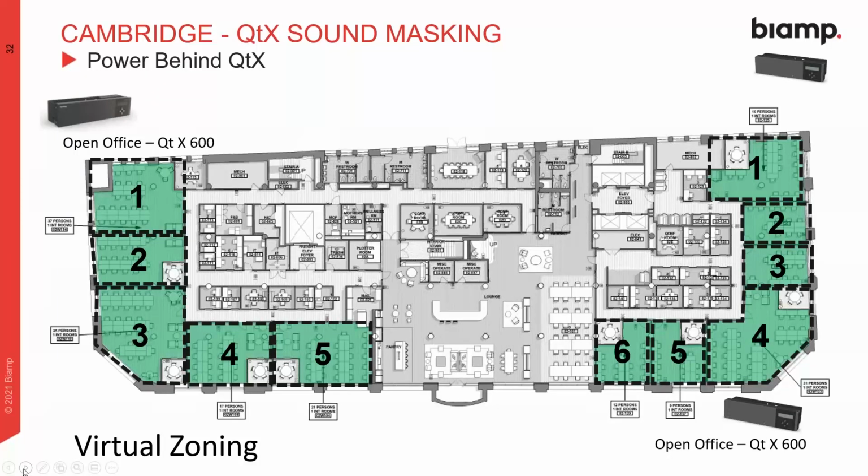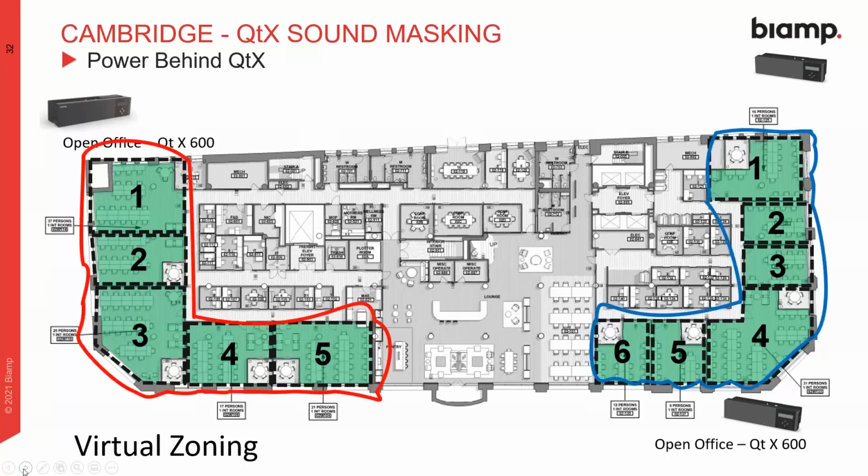I can take any of those outputs once they have been configured for sound masking, and I can group them into a virtual zone. So I can take all 5 outputs on the left or all 6 outputs on the right, and group them into a virtual zone where you can control that zone with one control, one slider, or you can send a page or background music to that zone as needed.